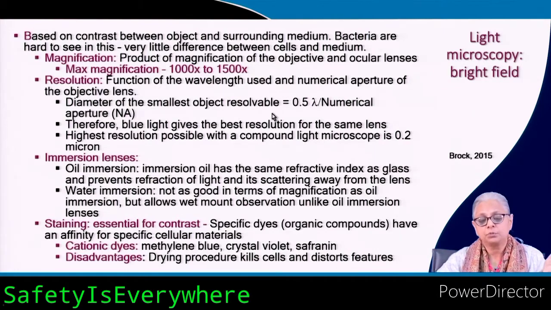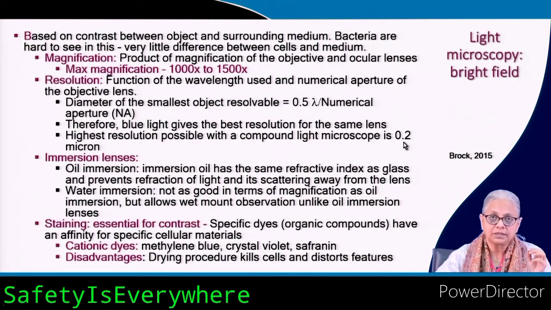So blue light will automatically give you the smallest diameter resolvable, okay? And so resolution is a function of the wavelength and the numerical aperture of the objective lens. This brings us to the highest resolution possible, which is 0.2 microns. So this is the smallest distance that can be distinguished with a light microscope.